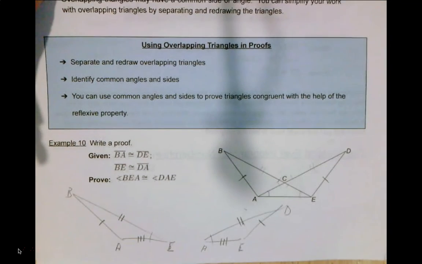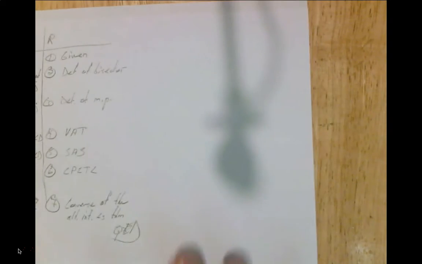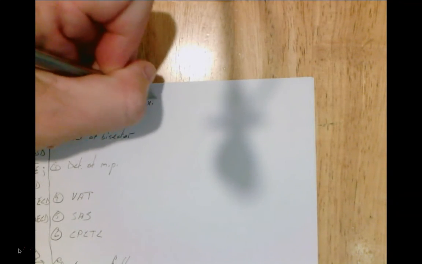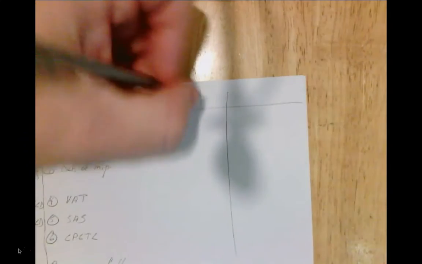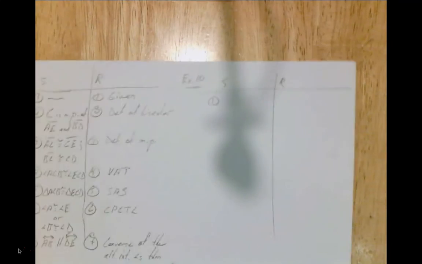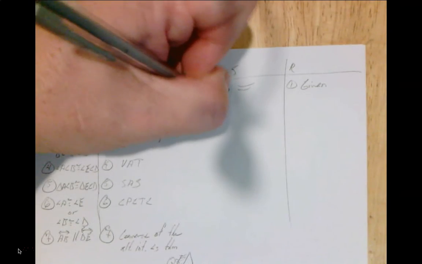So I'm going to rewrite that. I'm going to grab that piece of blank paper here. And this is example 10. Statements, reasons. Statement 1. Redo the given. Statement 2.